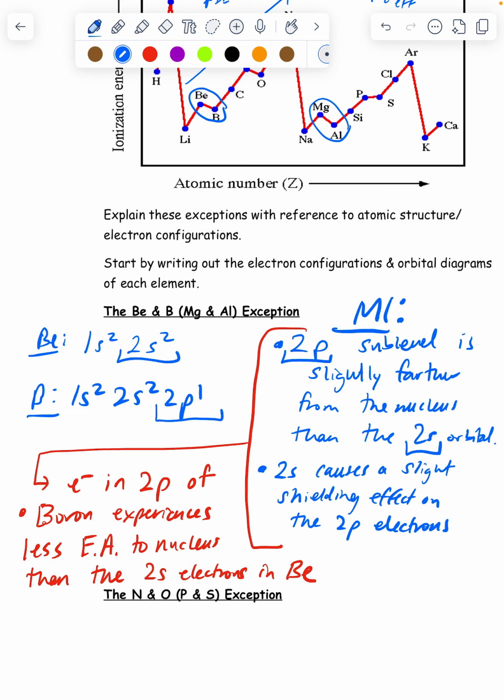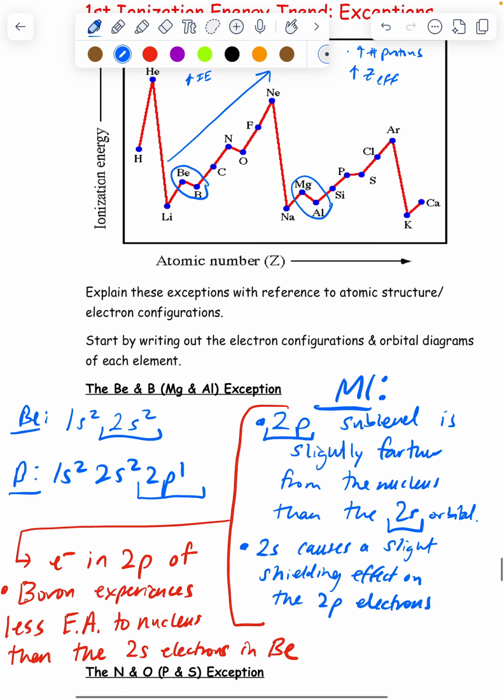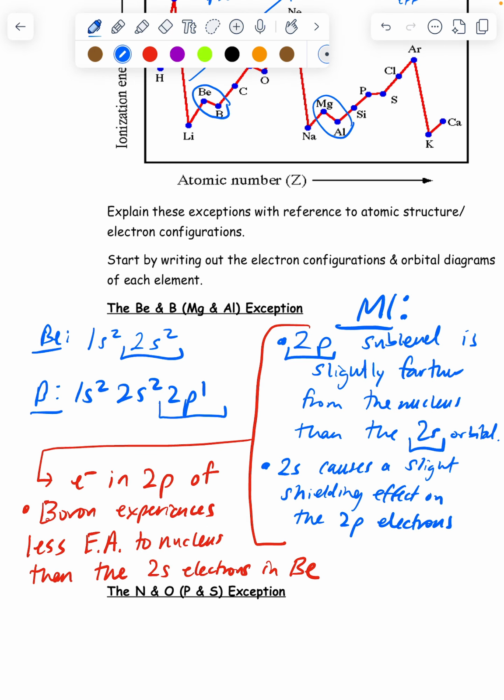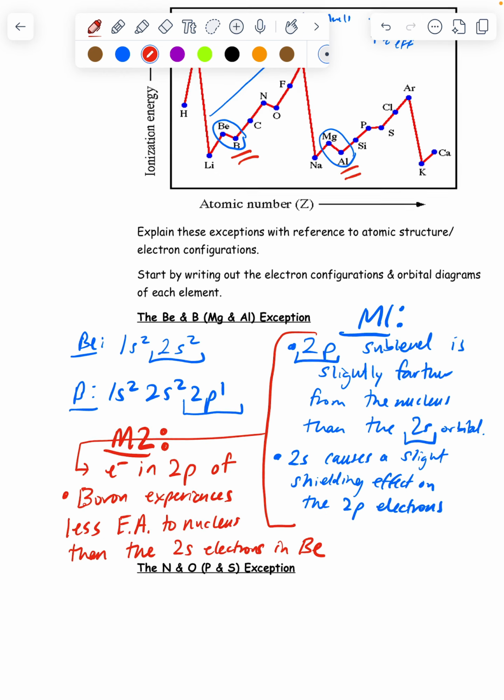If it's less attracted to the nucleus, it will take less energy to remove it. We could apply these same arguments to try to explain why it's easier to remove an electron from aluminum than magnesium. So this is a great 2-mark explanation for that discontinuity, for this weird irregularity in the first ionization energy trend.